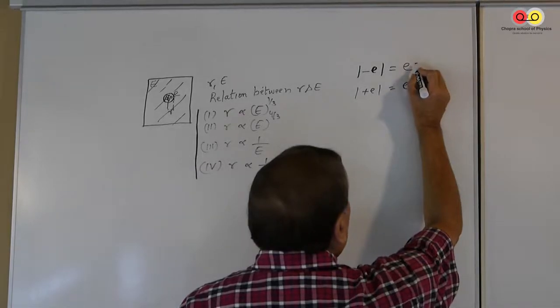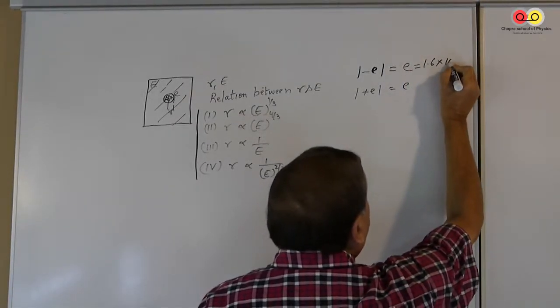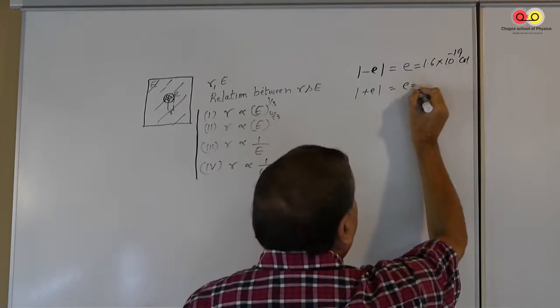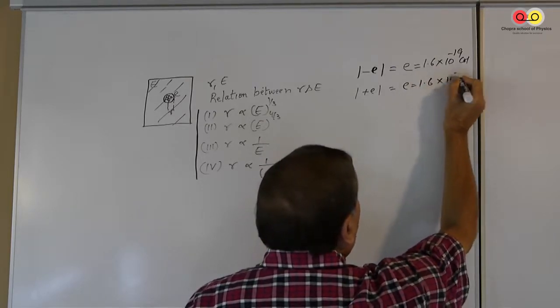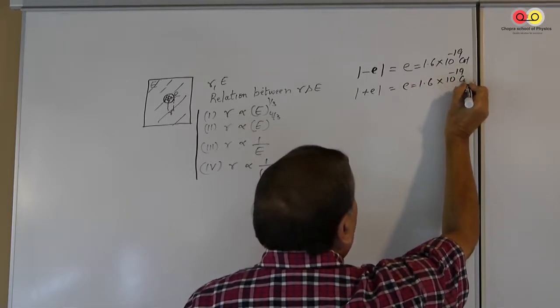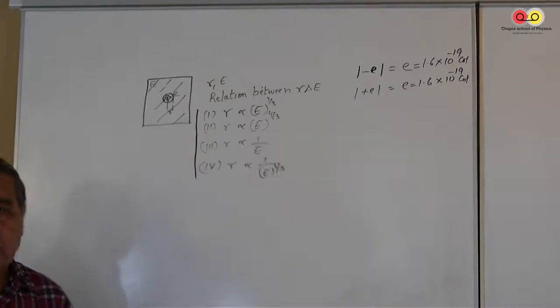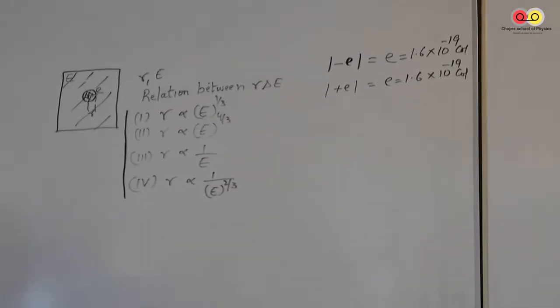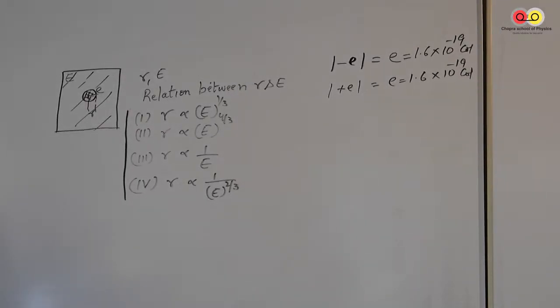And the numerical value is 1.6 times 10 to the power minus 19 coulomb. The most elementary charge is 1.6 times 10 to the power minus 19 coulomb, whether it is electron or proton.